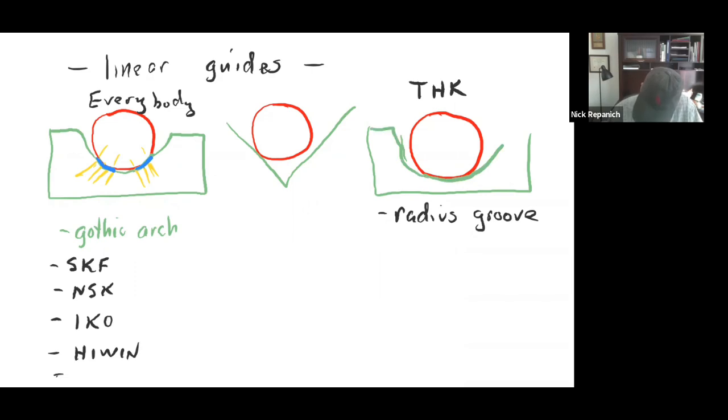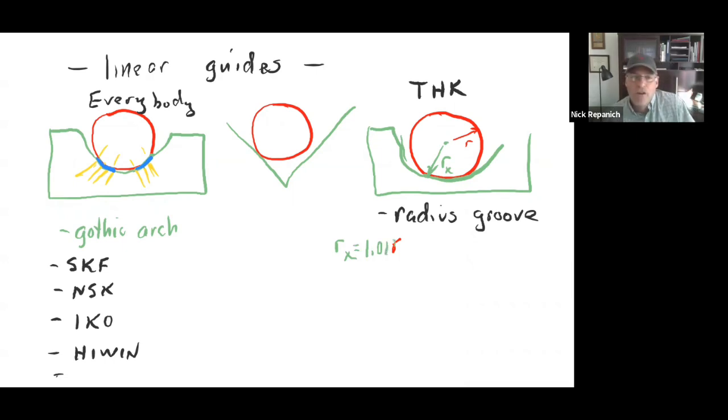If this is R, we'll call this one RX and this one R, and RX was 1.01 times R.